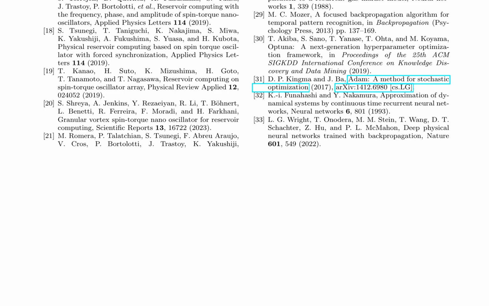Machine learning algorithms, including backpropagation and dynamic error propagation networks, have been employed to optimize the performance of neuromorphic computing systems. Optimization frameworks, such as Optuna and Adam, have been used to tune hyperparameters in neuromorphic computing systems. The approximation of dynamical systems by continuous time recurrent neural networks has been explored, and deep physical neural networks trained with backpropagation have been demonstrated.